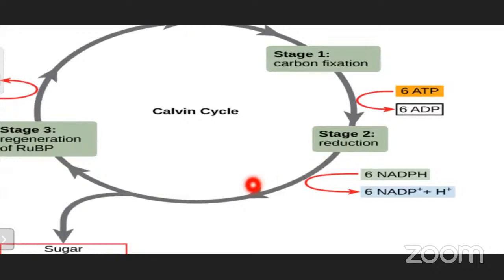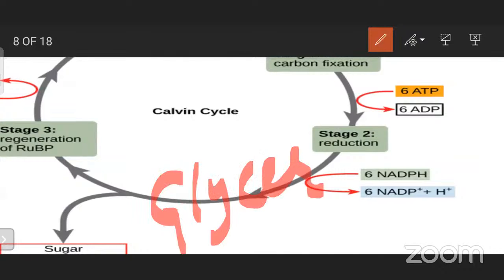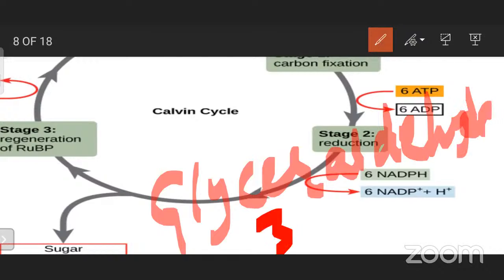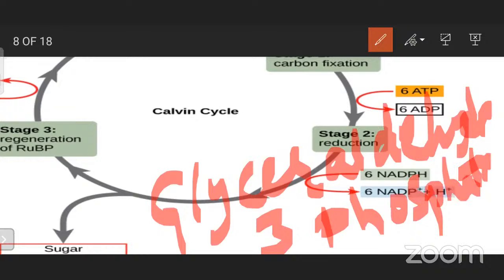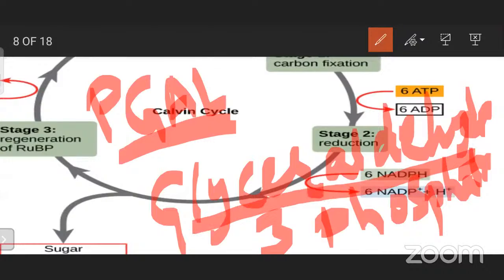Now the name changes, and it is called glyceraldehyde 3-phosphate. In some books it is given as PGAL, phosphoglyceraldehyde. Don't get confused; PGAL in short, or else glyceraldehyde 3-phosphate.